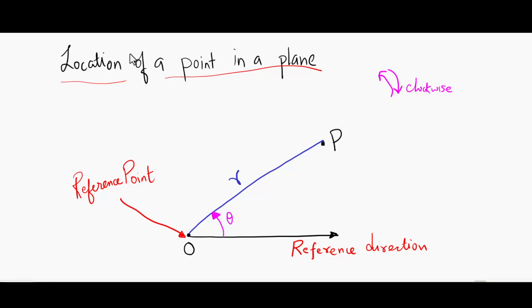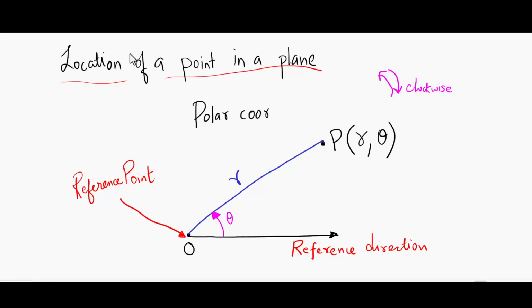And these two quantities, r and theta, we can now use to measure the location of a point. When we measure the location of a point in a two-dimensional space like this, then we call this kind of system a polar coordinate system.